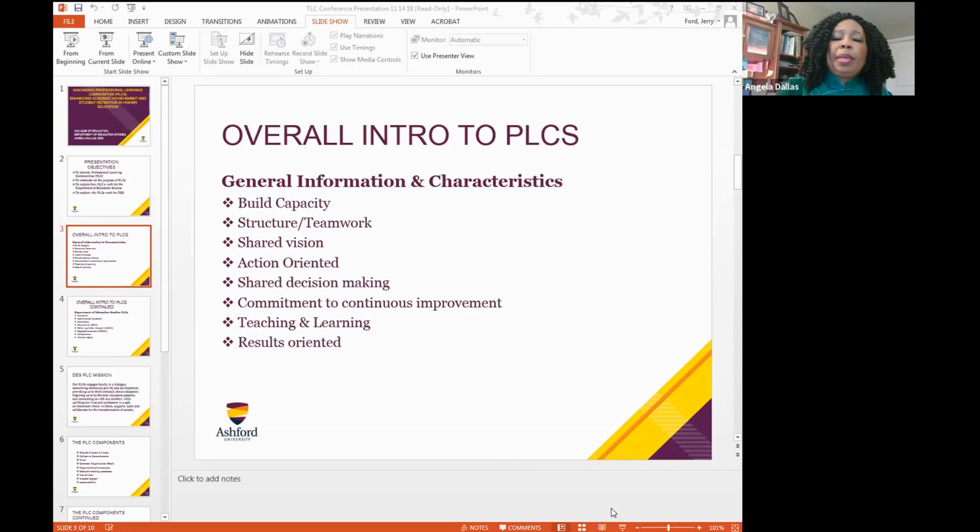So when PLCs are developed, they are developed with a purpose in mind, and everybody believes in that purpose and is striving to reach that goal that is identified. And for the purpose of our PLCs, for the Department of Ed Studies, it specifically focused on student achievement and retention.